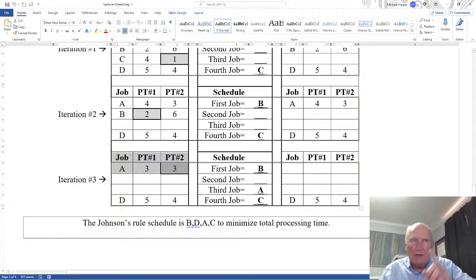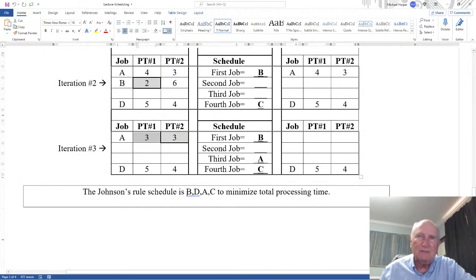For example, one approach might be just arbitrarily pick one, get a schedule, go back and pick the other, get another schedule, compare the two with a flow diagnostic and see which one you want. That's kind of brute force, but there's all different ways of handling ties. That's why we don't cover them in this lecture.